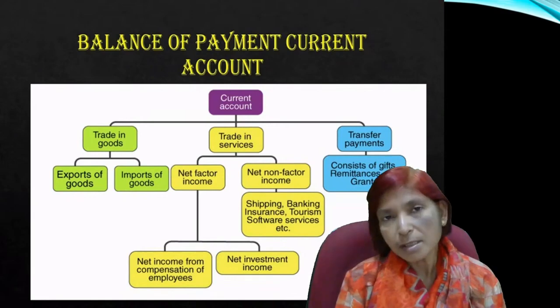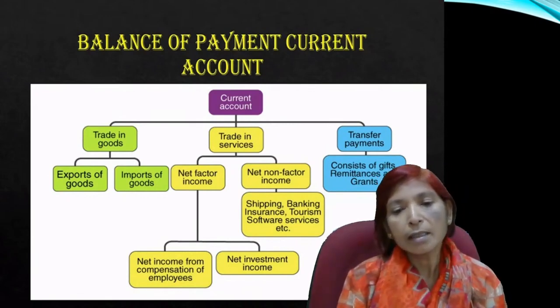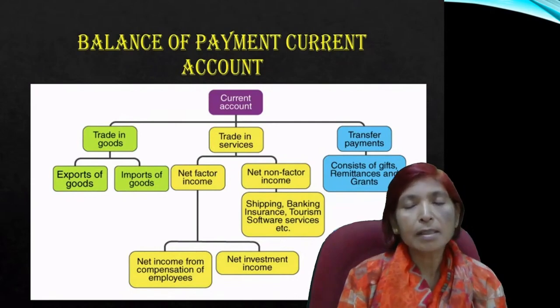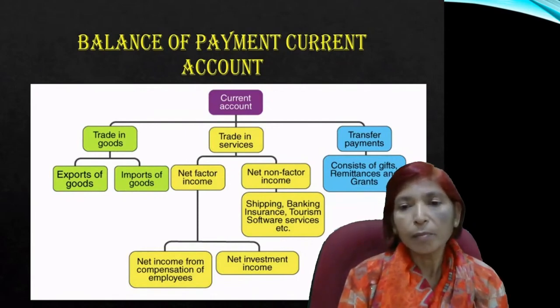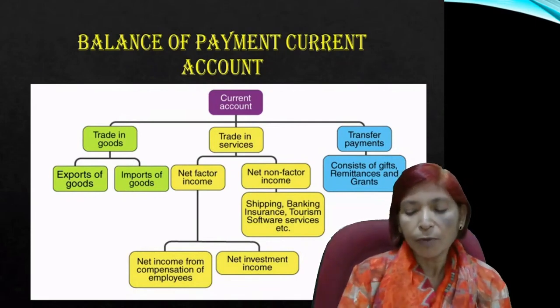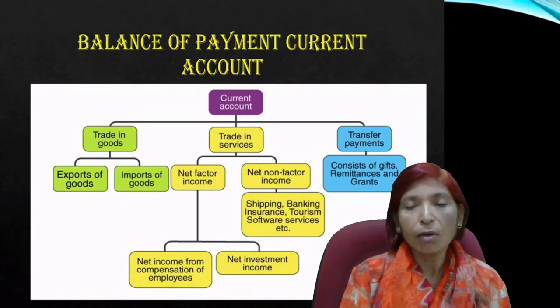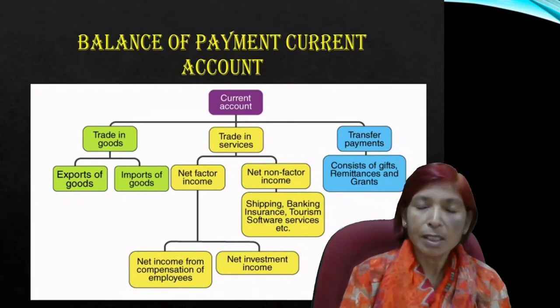And trade in services is known as invisible items of trade, in which we include all services like banking, shipping, insurance, tourism, software services, etc. And third is unilateral transfers or transfer payments. It consists of gifts, remittances, and grants. So these are the subparts of current account, in which three main components are included. One is visible, second is invisible, and third is unilateral transfers.